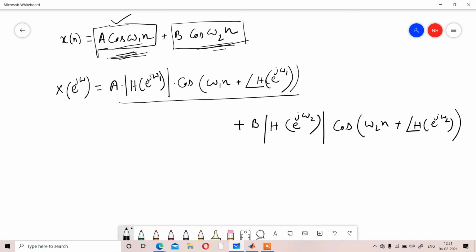So what are we going to do? After the frequency response, that magnitude will be 1, because if we display that signal, the magnitude for that signal will be defined by h e to the power j omega 1, and the magnitude for that signal will be defined by h e to the power j omega 2.